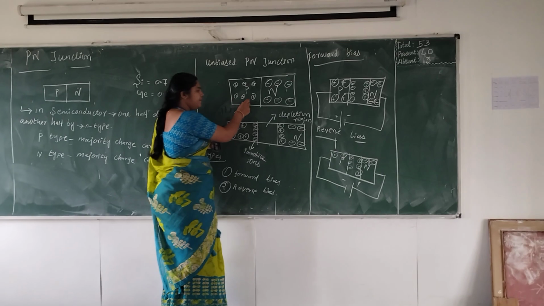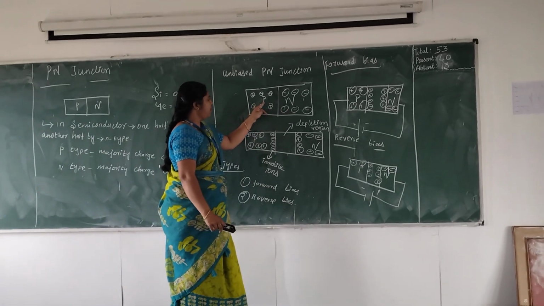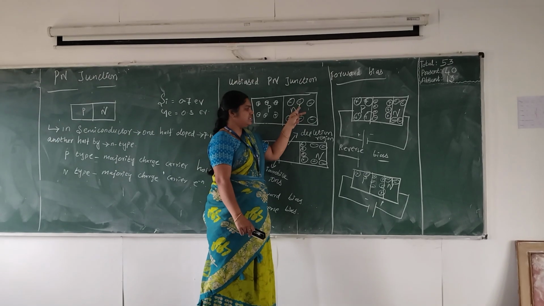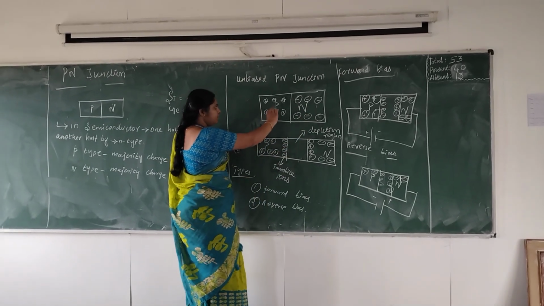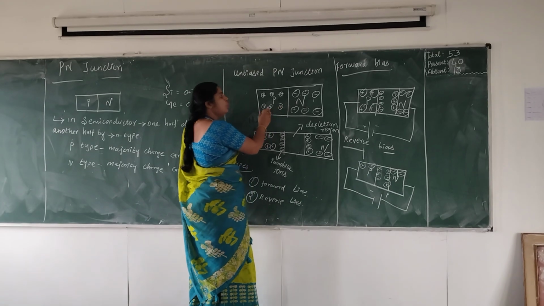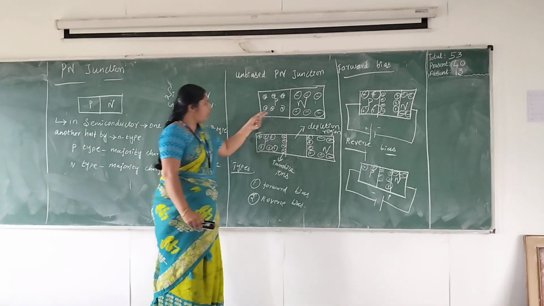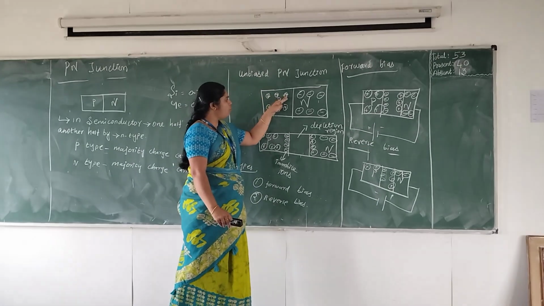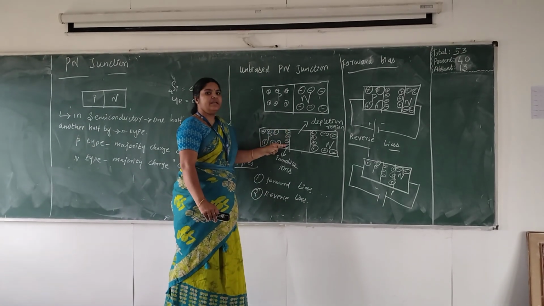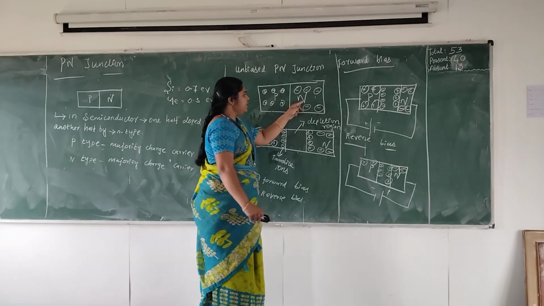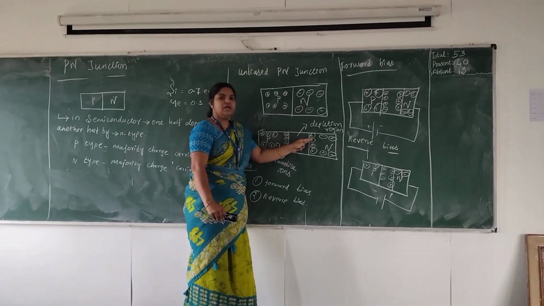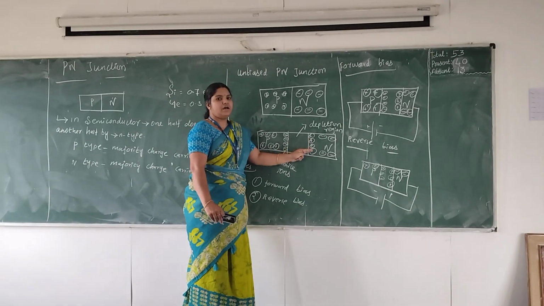When we connect P and N, P has positively charged holes and N has negatively charged electrons. When holes move from P to N, and vice versa electrons move from N to P, a current is constituted. Whenever a hole moves from P to N, it leaves negatively charged ions near the junction. Vice versa, when an electron moves from N to P, it leaves positively charged immobile ions around the junction.